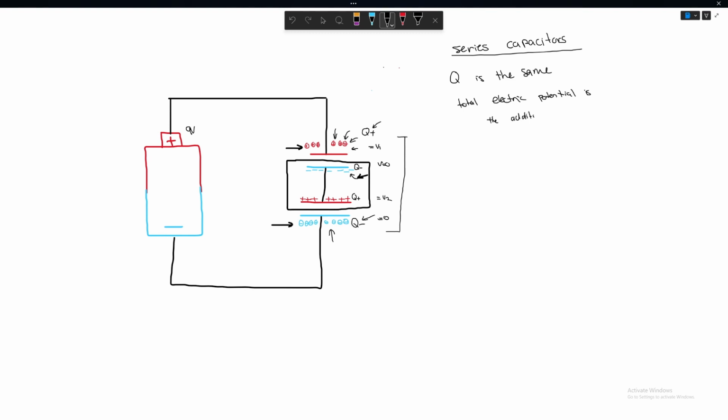Addition of V1 plus V2 equals my 9 volts, right? And so it separates on 2 sections, but my Q, remember, stays on only 1 section.